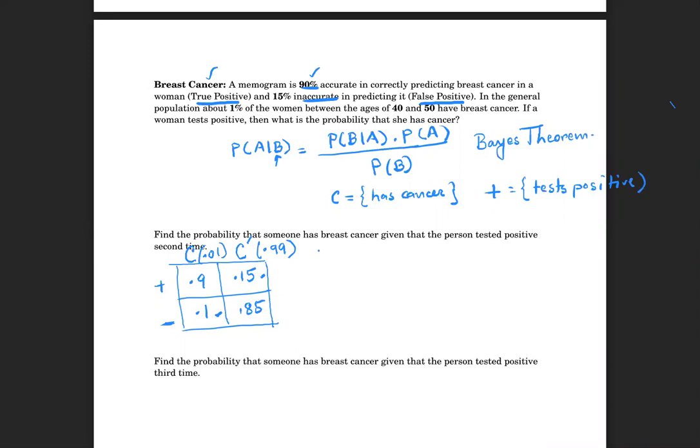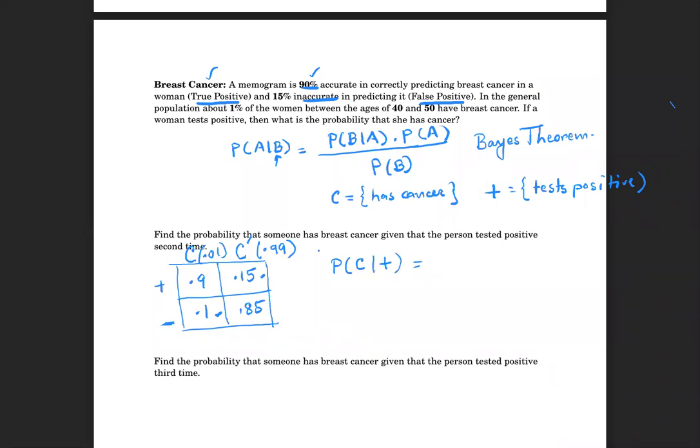As a normal human being, you want to find out the probability that you actually have cancer, given that you already tested positive. So the probability of having cancer, C, given that someone has already tested positive.